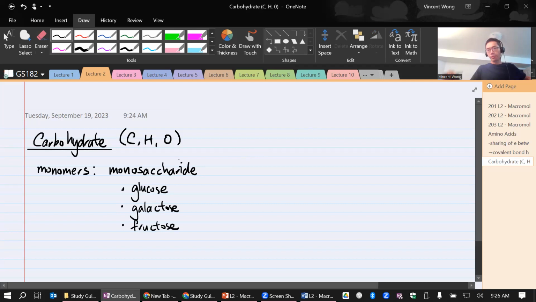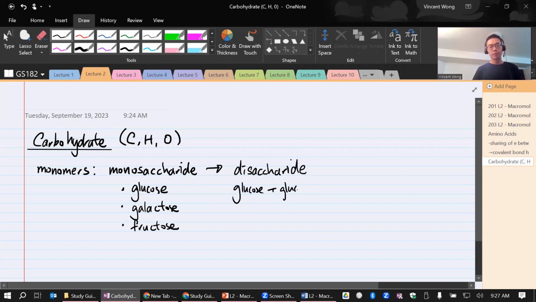And they can connect, and then the next level up would be the disaccharide. You can write out the formula, but that's fine.